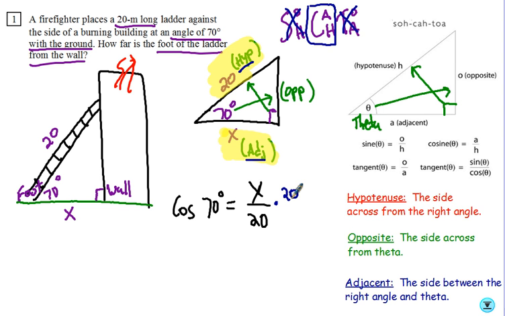By the way, just as a shortcut, if you ever have a fraction of any kind and you don't want it to be a fraction, just multiply by what's on the bottom, because those two things cancel each other out, and now x is by himself and he's no longer a fraction. But just as with anything in algebra, what you do to one side, you have to do to the other side. So we'd have to multiply that by 20 as well. So what we end up with is 20 times the cosine of 70 degrees.